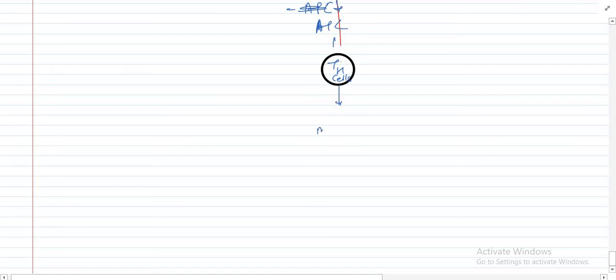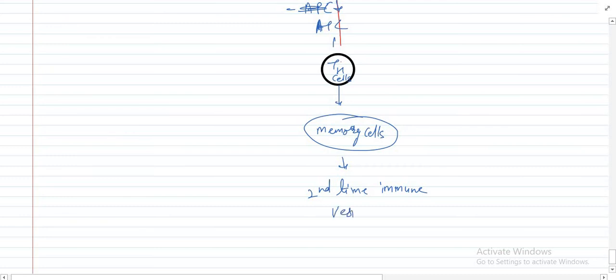These are memory cells. And memory cells will stimulate the second immune response, or secondary immune response, whenever the person encounters the antigen the second time. So it will work there.